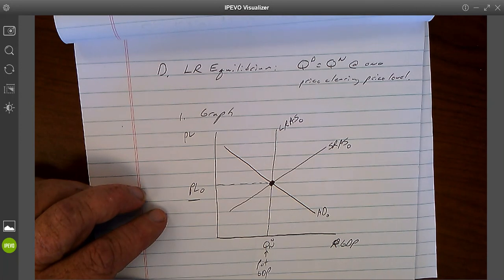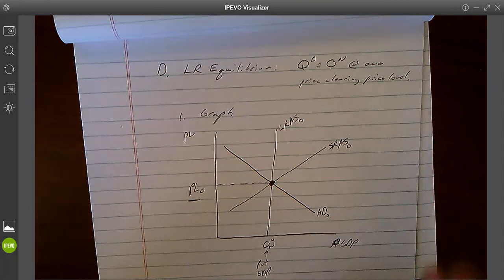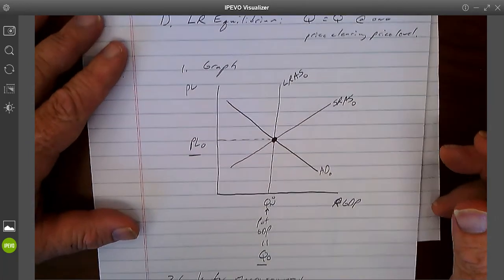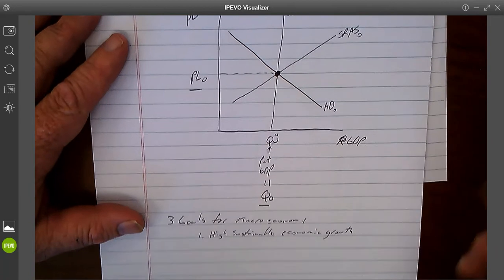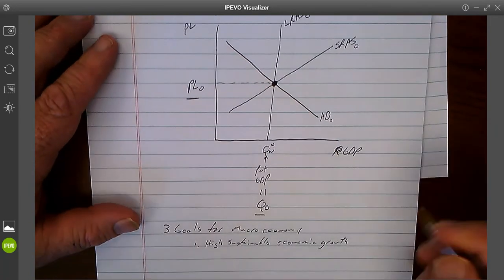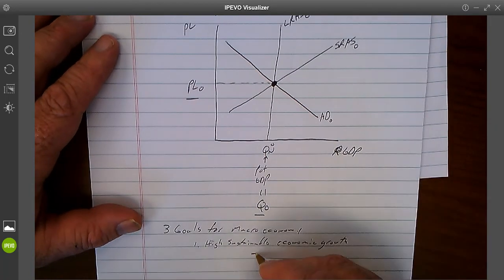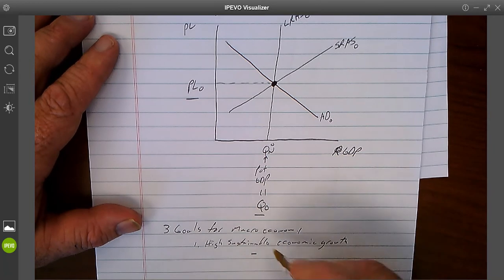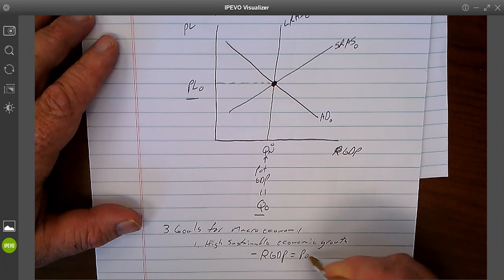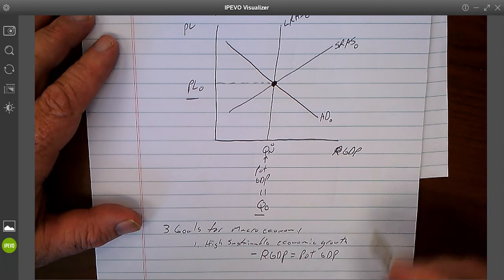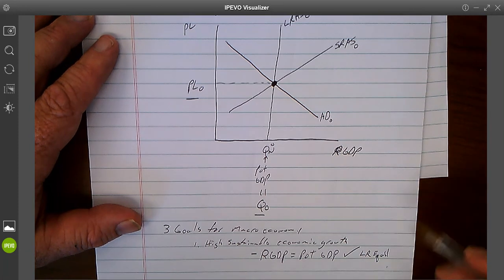We're going to talk about this a little more later, but at least in terms of what we want at any moment in time, a part of meeting this goal would be real GDP equal to potential GDP. Well, that's what we get in long-run equilibrium.